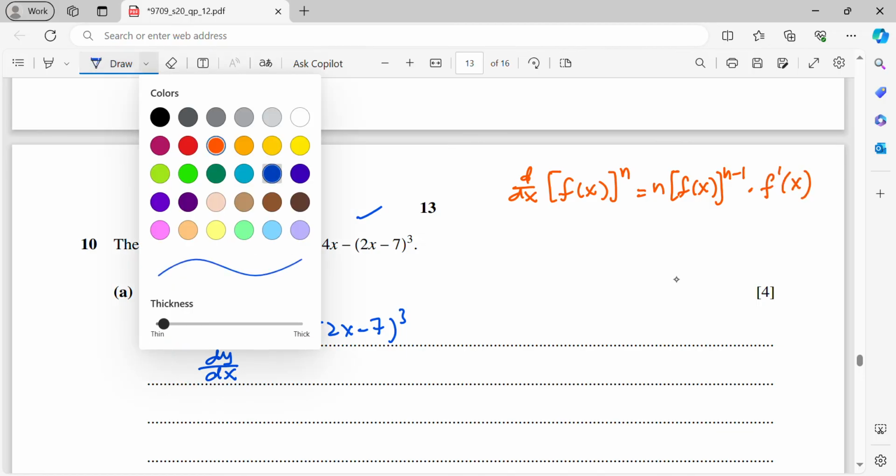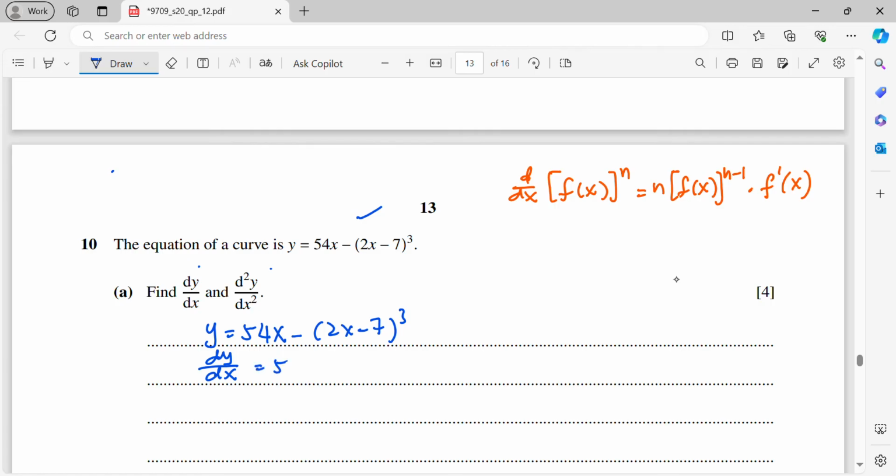So from here, I will get 54. Then bring down the 3, so 3 times (2x minus 7) to the power 2. Differentiating 2x minus 7 gives 2. So 3 times 2 is 6, so minus 6 of (2x minus 7) squared. That is my dy/dx.